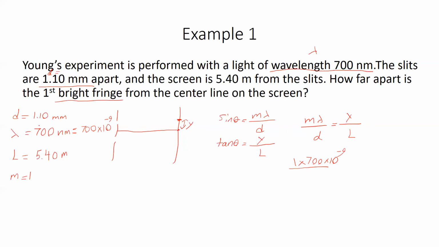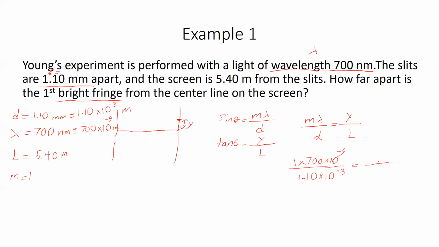And here, d is 1.10 millimeter, which I converted to meter, so it becomes 1.10 times 10 to the power of minus 3 meter. I put it here, 1.10 times 10 to the power of minus 3 meter.